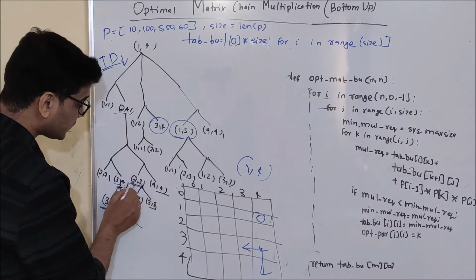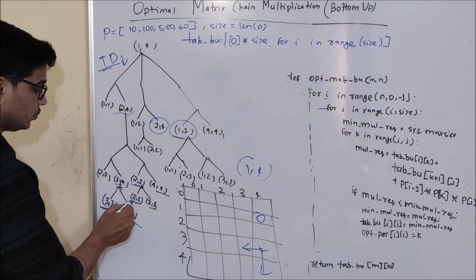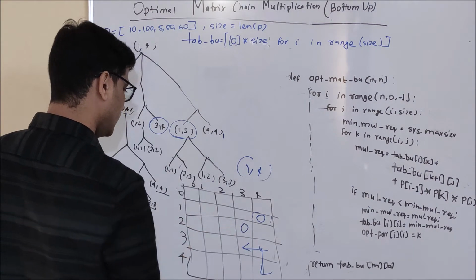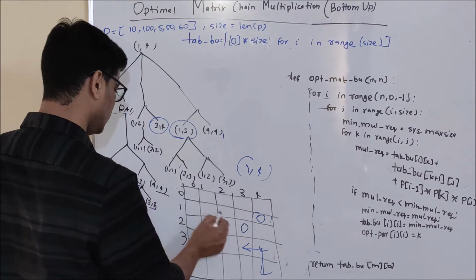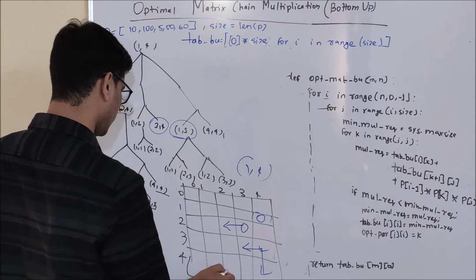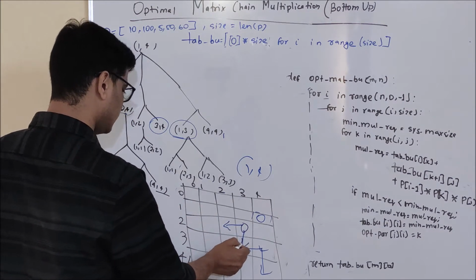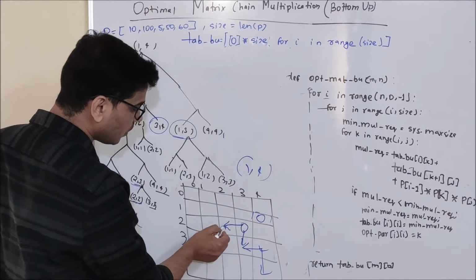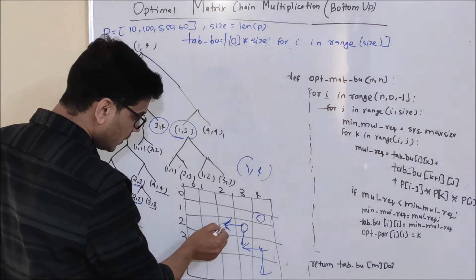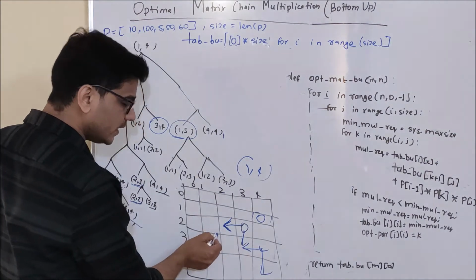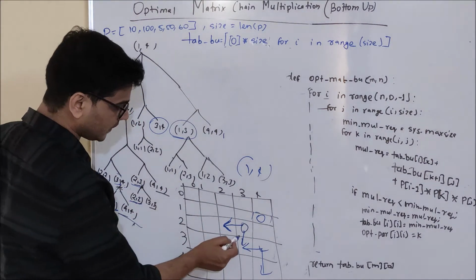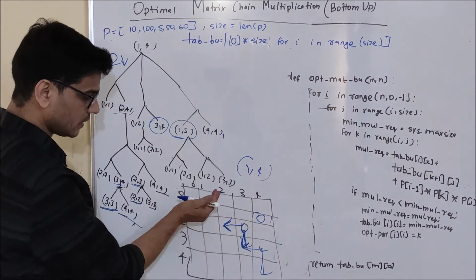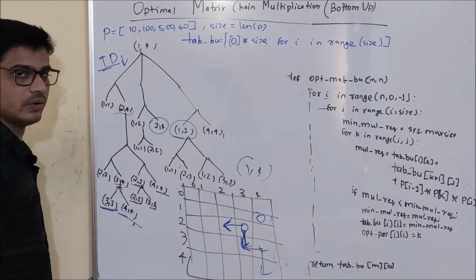Now let's take the example of 2, 3. 2, 3 is this particular cell. And 2, 3 is using 2, 2 or 3, 3. Notice one thing. Either I am taking help of a cell left to it in the same row, or I am taking help of a cell in the row below it.